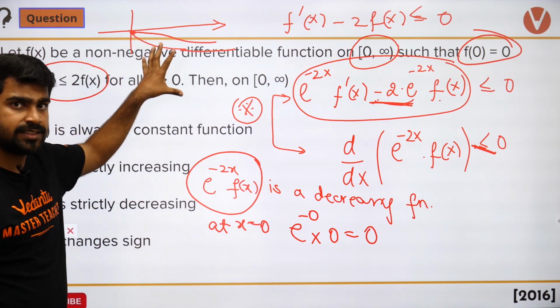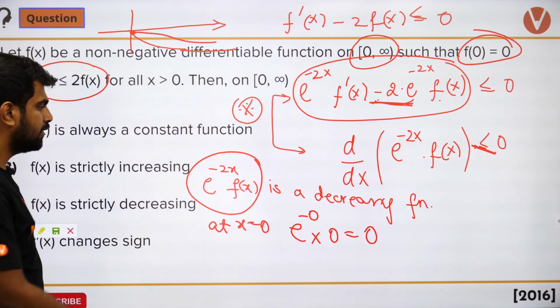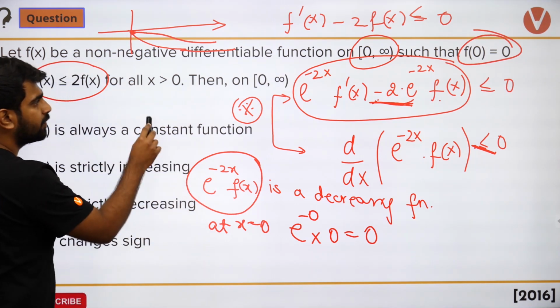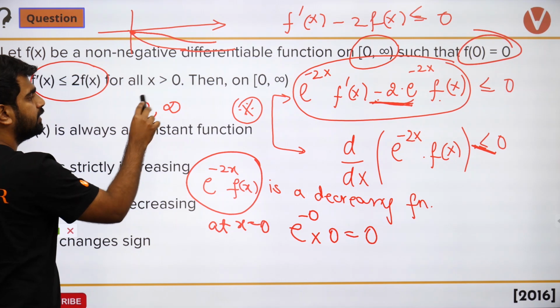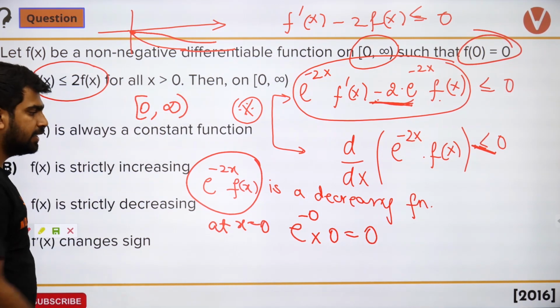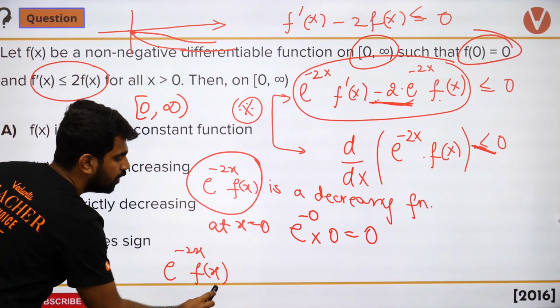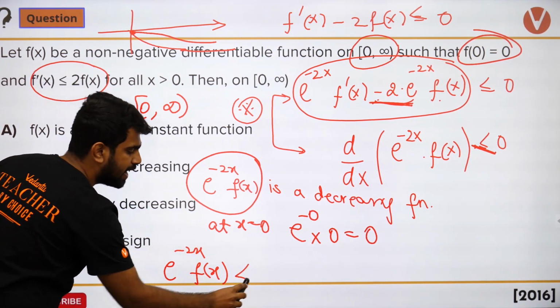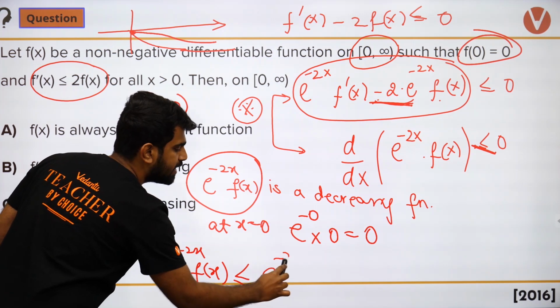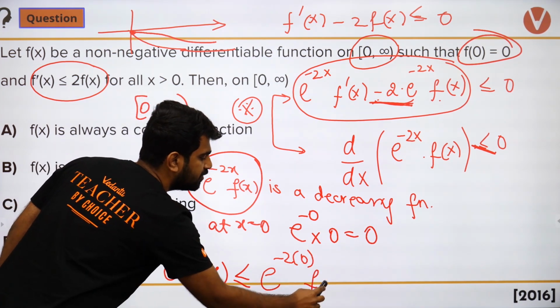So from the general nature, what can I say, guys? Can I say, since the domain is from 0 to infinity, e to the power minus 2x f of x will always be less than or equal to e to the power minus 2 into 0 into f of 0?